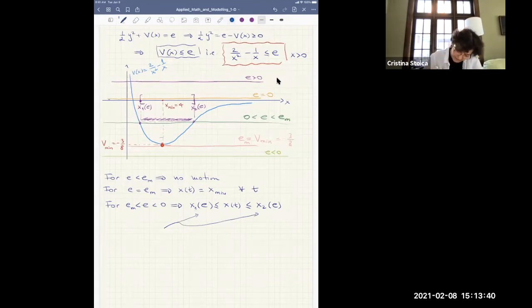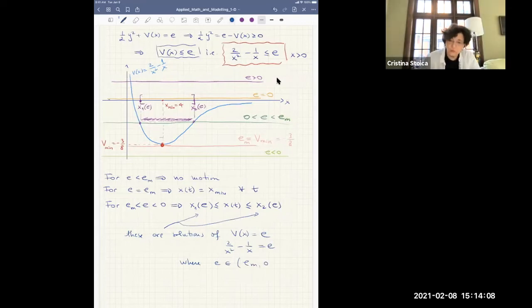These are solutions of V(x) equals E. In this case, they are solutions of 2 over x squared minus 1 over x equals E, where E is in between E_m and 0. I will not solve them here, but they can be determined.